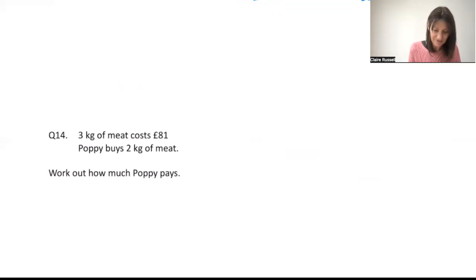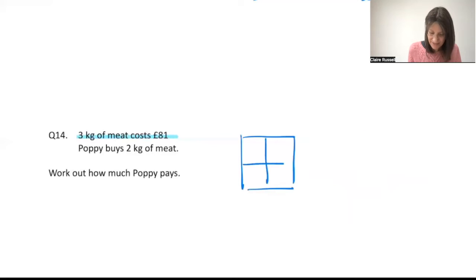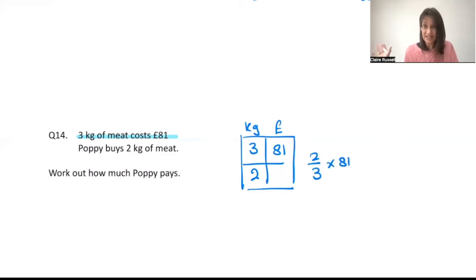Okay, so I have a fact. Into my boxes and labels I go. I know that 3 kilograms costs 81, and I want to know what 2 costs. Now, if I have a calculator, boom, I'm going to just stick it straight in the calculator. If I don't, I'm just going to use the skills that I have. And it is honestly really, really straightforward.